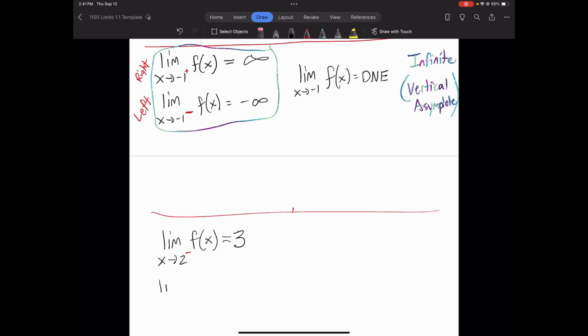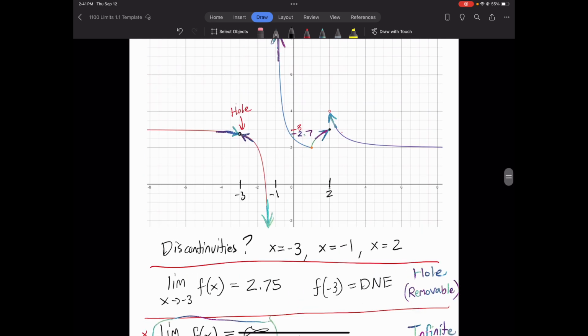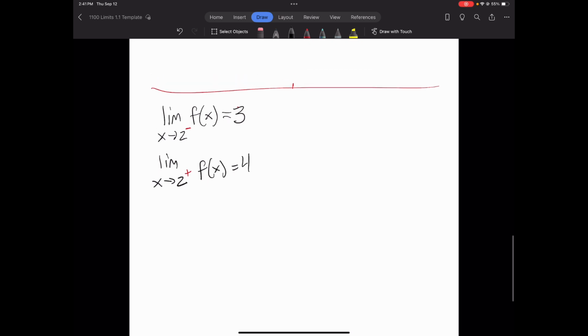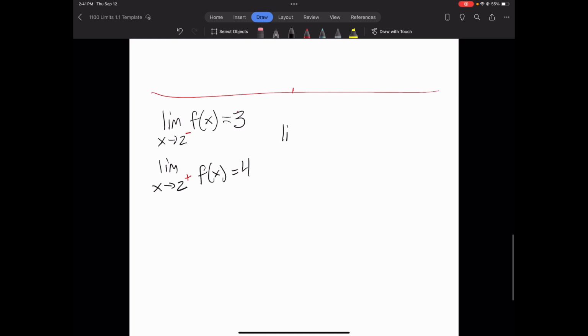But then if I come from the positive direction, my function approaches a value of 4. So once again, I get two different values for my limit depending on what direction I come from. Which means that if I don't specify direction, then the limit doesn't exist.